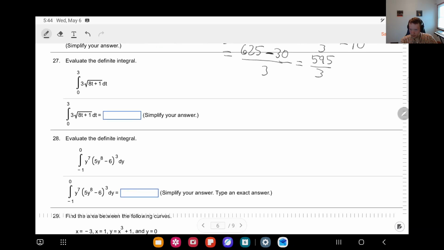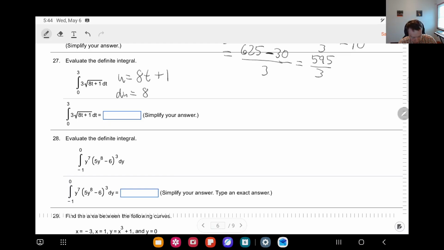All right, next, evaluate the definite integral. So because I have this whole expression inside the square root, this is going to be a substitution problem. So I want to make u that expression inside the square root.